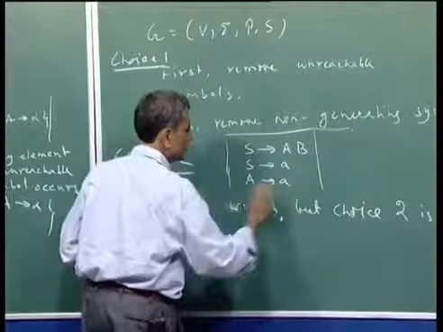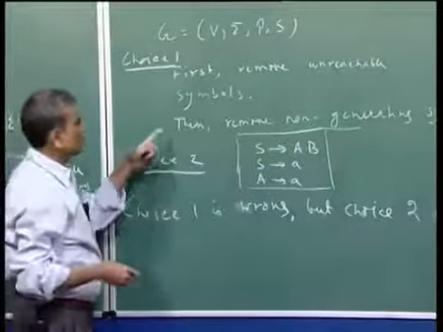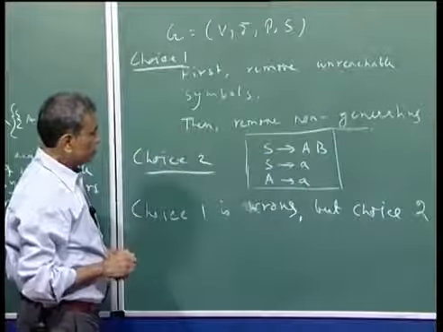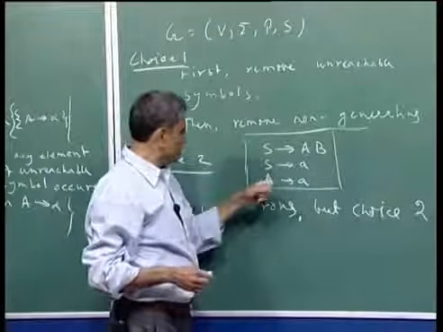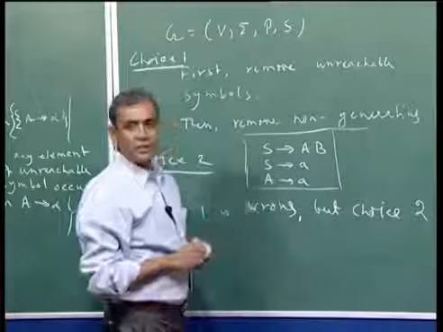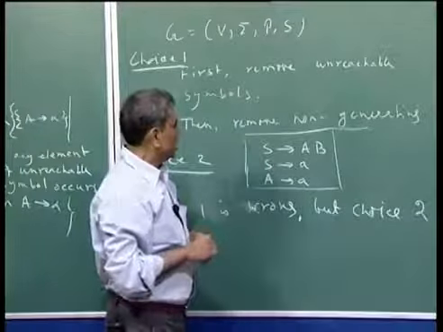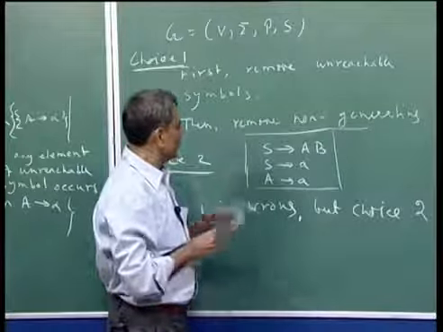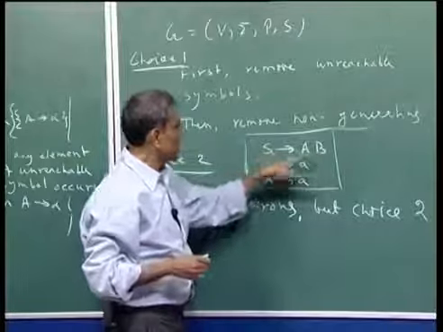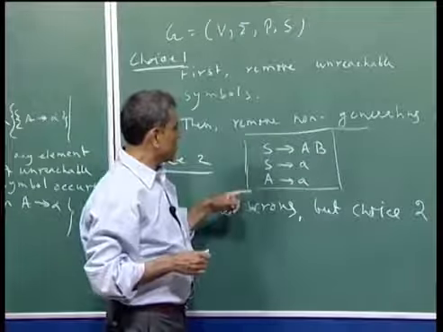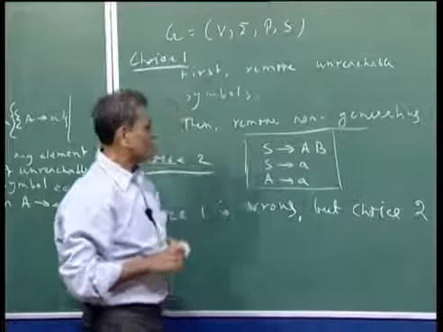So, this is the grammar, and first when you do choice 1, you are going to find that all these symbols A, B, S of course, as well as small a, are all reachable from S. In the set R, first it will have S, then immediately when I look at this, I will see A and B will also go, and then I see this symbol small a is also reachable.